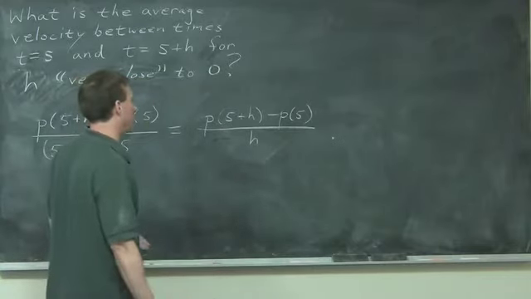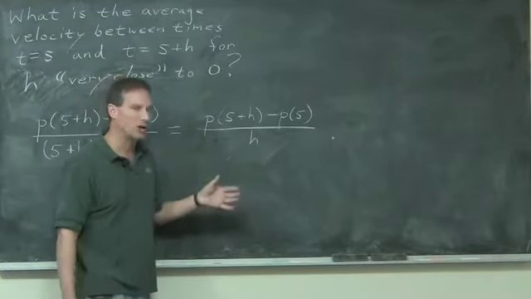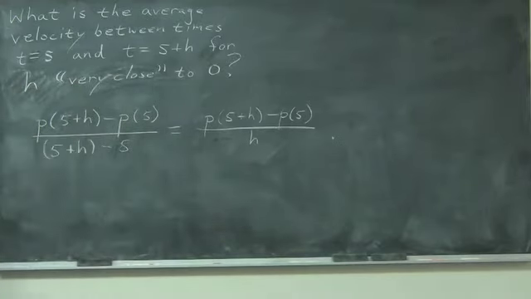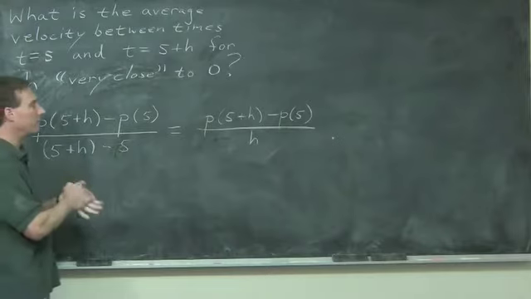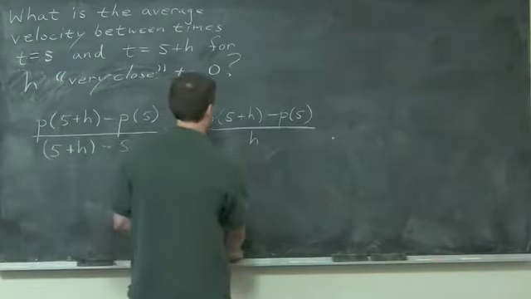Then how do we solve our problem? We let it get as close to 0 as we want, and we see what happens as that happens. What we would like to do is see if this gets closer and closer to something as h gets closer and closer to 0.